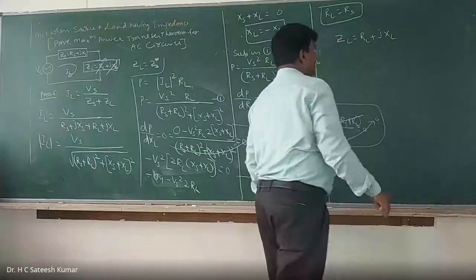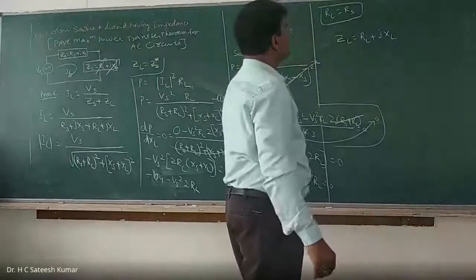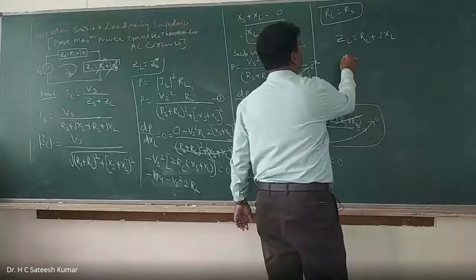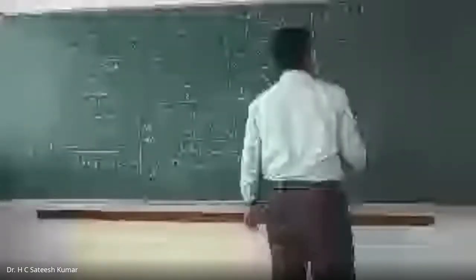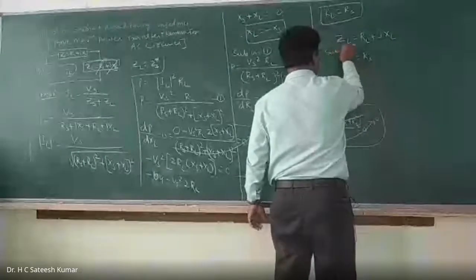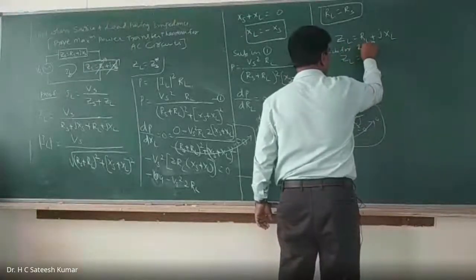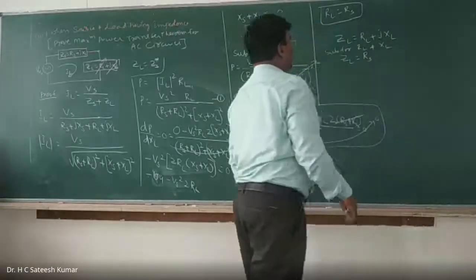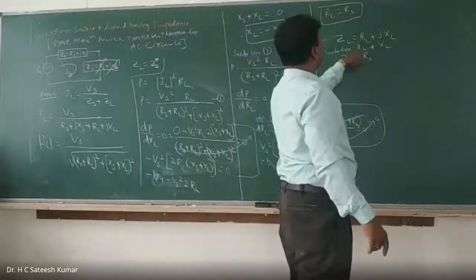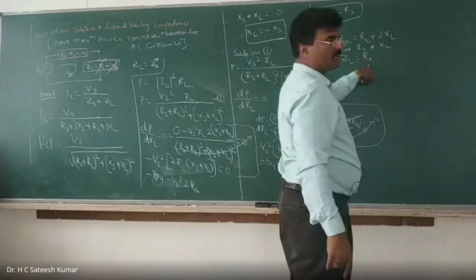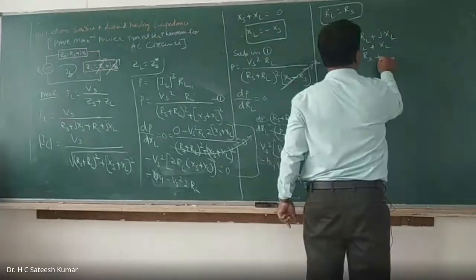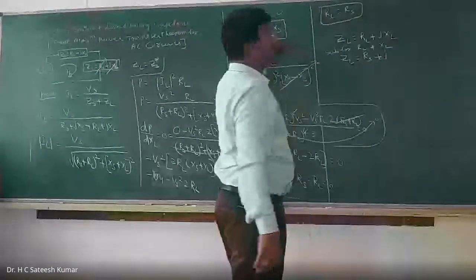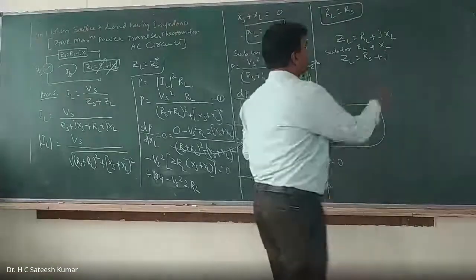Substitute for both conditions, the RL and XL conditions. RL is equal to Rs, I am substituting here, plus j into XL, and XL is nothing but equal to minus XS.